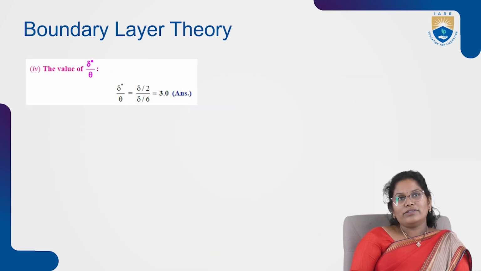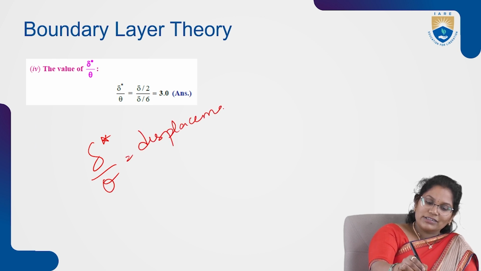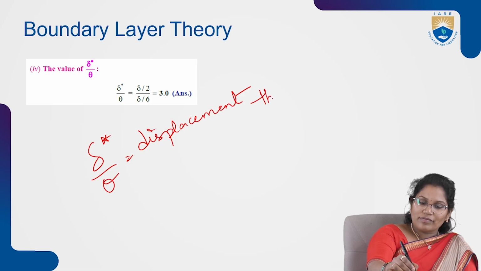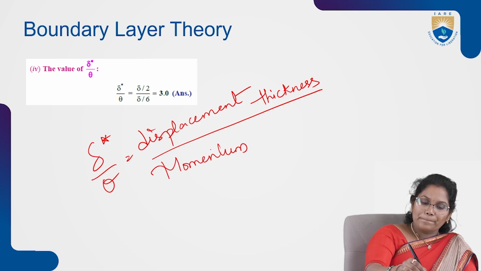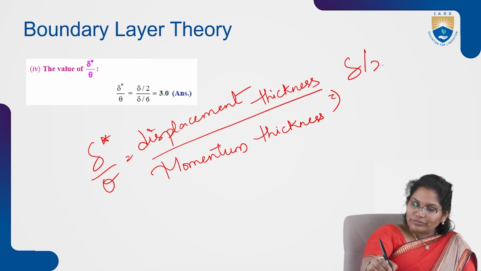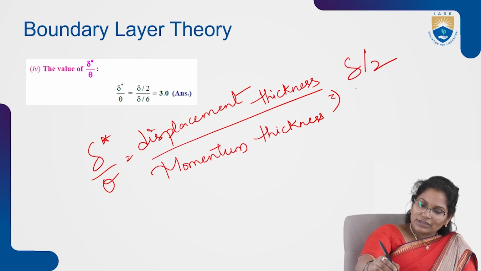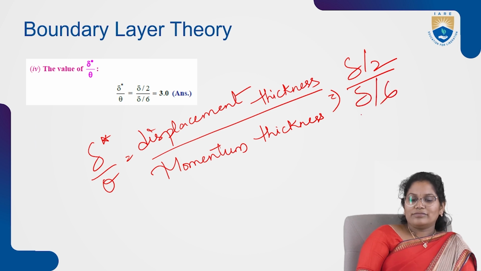Now the last one is the value of delta star by theta, that is displacement thickness and momentum thickness. So already we got displacement thickness is half of your boundary layer thickness and momentum thickness is delta by 6, right?